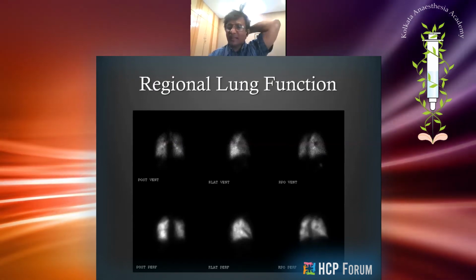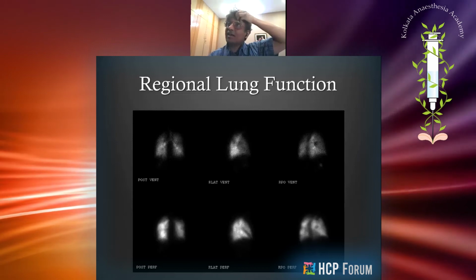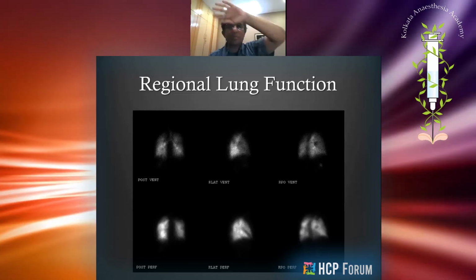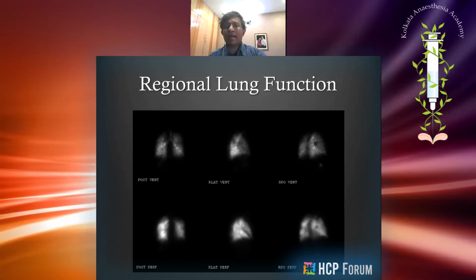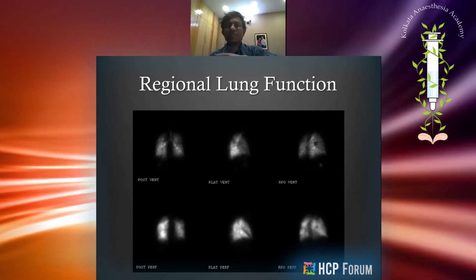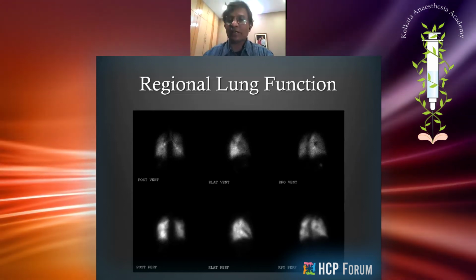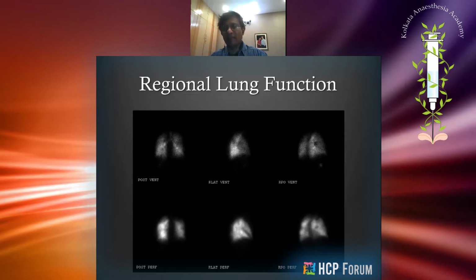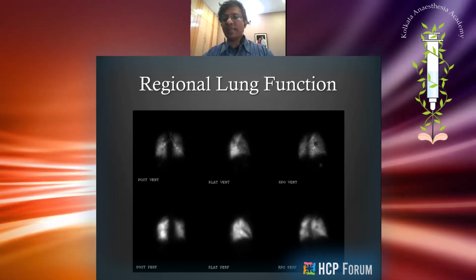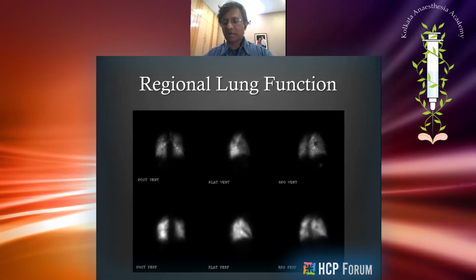Along with this, if you know the regional lung functions, it helps you to be more accurate, because you might find that the part of the lung which is going away is anyway not taking part in active lung function. So it was not taking part, and if it goes away it will not influence the outcome.